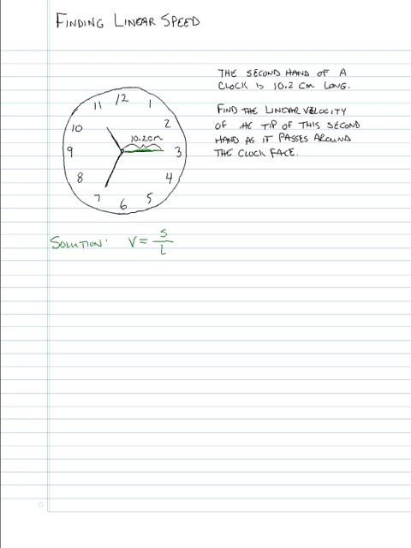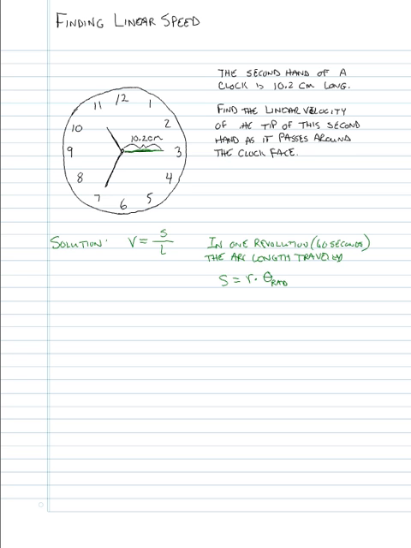So in one revolution, which is going to be 1 minute or 60 seconds, which is really our time amount, then the arc length traveled, s, is calculated by the radius times the angle measured in radians.